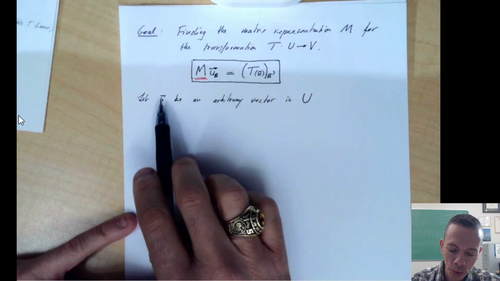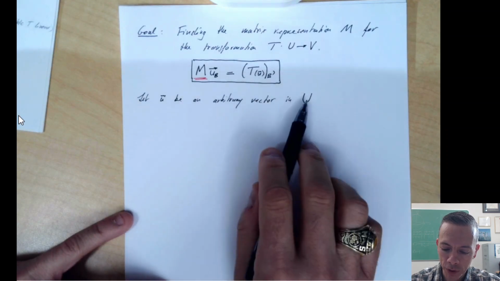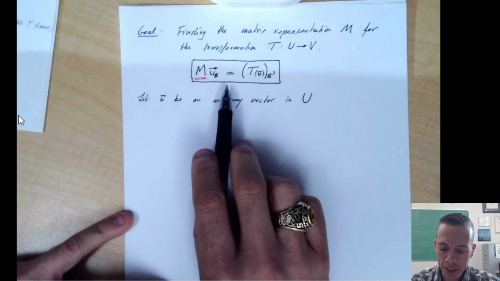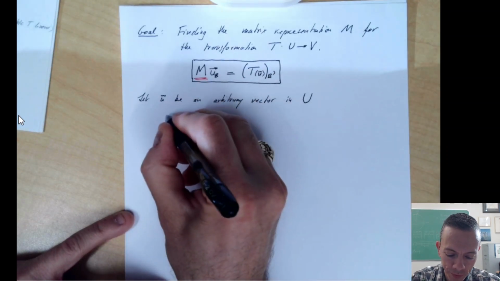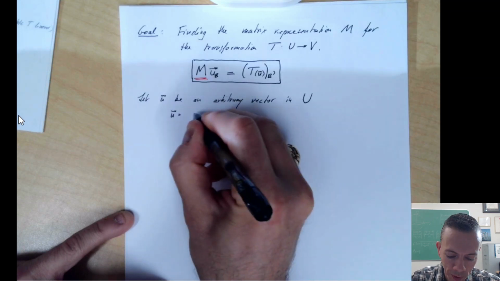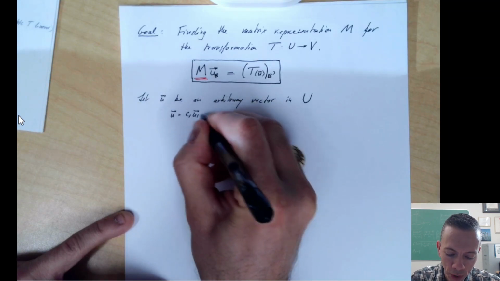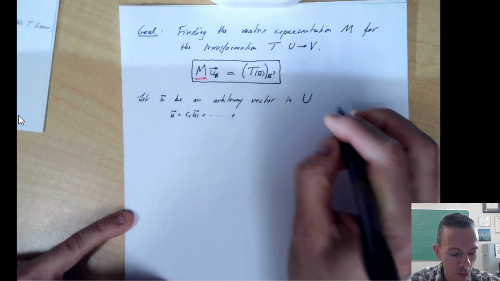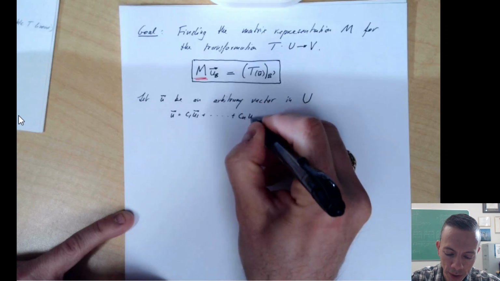Because u is a vector in U, you can break it down into a linear combination of the basis B: c1 u1 plus c2 u2 all the way to cn un.